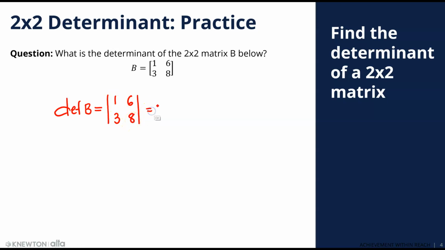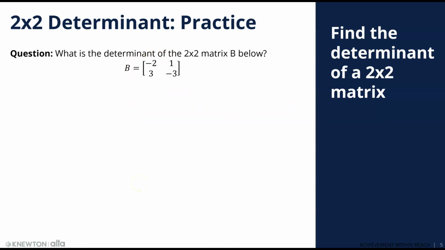So that is equal to 1 times 8 minus the product of the other diagonal entry, 3 times 6. So therefore you have 1 times 8, so that is just 8, minus 3 times 6, which is 18. So minus 18, so the answer is negative 10. That means the determinant of the matrix B here is equal to negative 10.